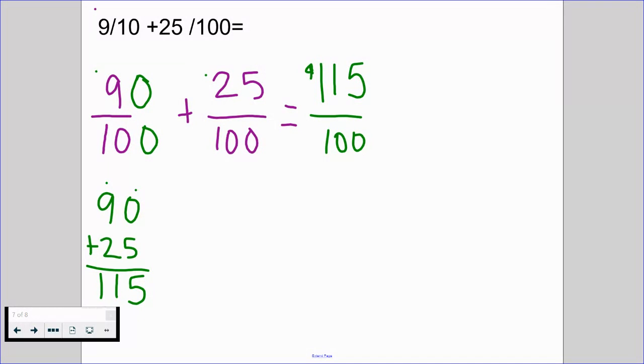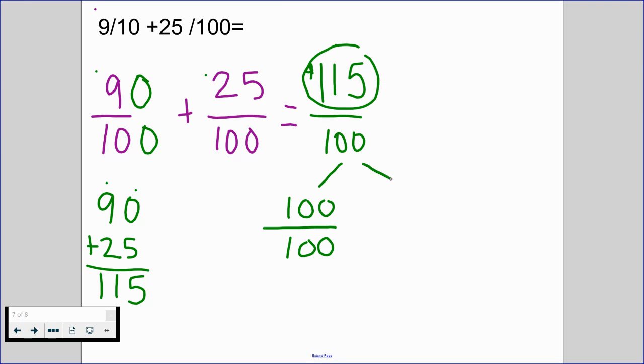So in math class, we've learned to decompose by breaking the fraction apart. So 1 whole is 100/100. So we take that 100 and kind of break it off to the side. If we have 115 and we pull out 100, that leaves us with 15 left.